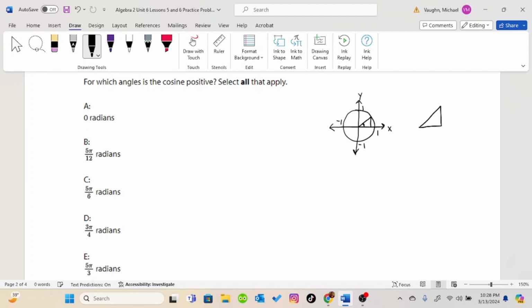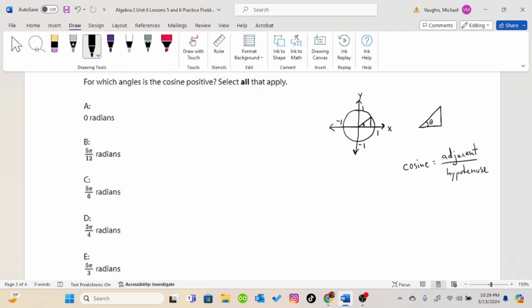So if we zoom in on this, we have angle theta. And cosine equals adjacent over hypotenuse.